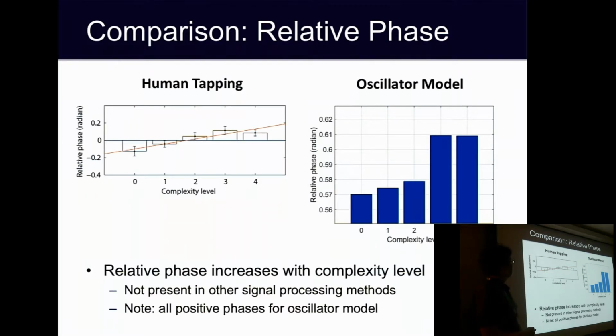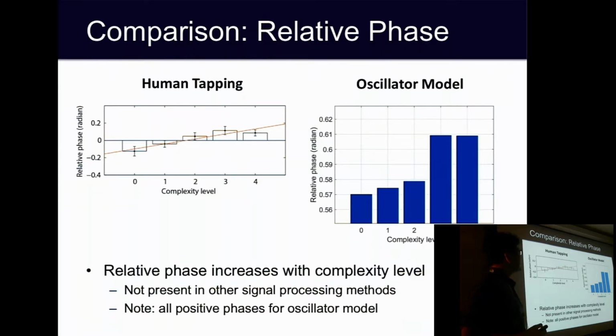And here's the comparison of relative phase. For human tappers, for simple isochronous rhythm, the relative phase was negative, meaning people tapped ahead of stimulus onset. But as complexity level increases, the people tapped behind, with the relative phase peaking at level 3.